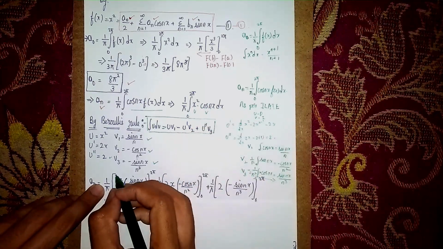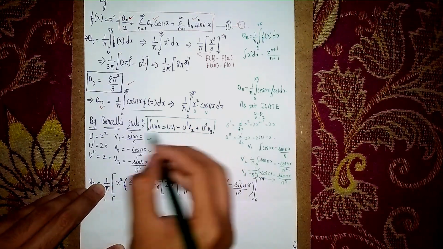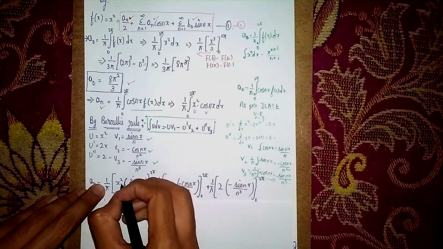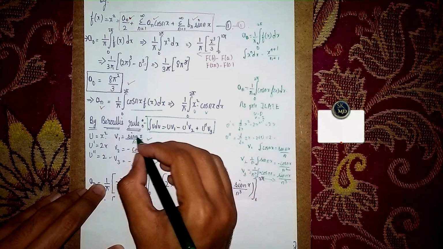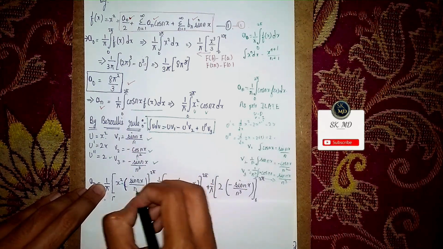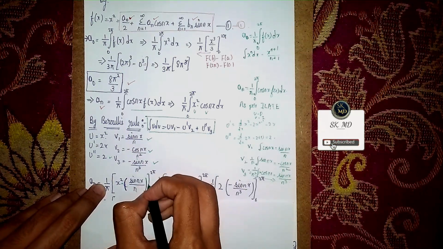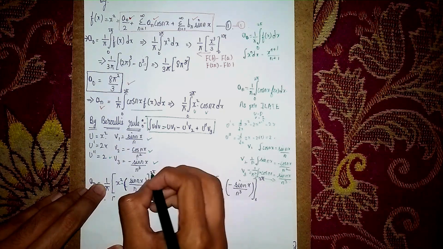1 by pi, then u is what, our x square into v1 is what, this sine nx by n. Then close the bracket, then square bracket, 0 to 2 pi, we have not applied the limits.